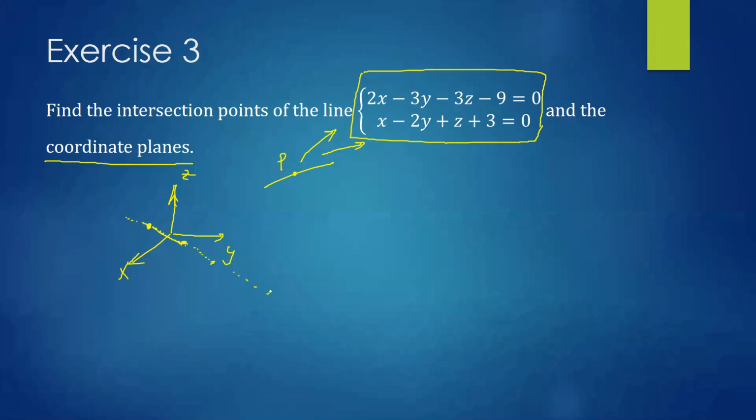So there are intersections with all 3 coordinate planes, but let's remember, on the xy plane, the z coordinate is 0. So we can put the z coordinate equal to 0 in that system and say 2x minus 3y equals 9, x minus 2y equals -3.